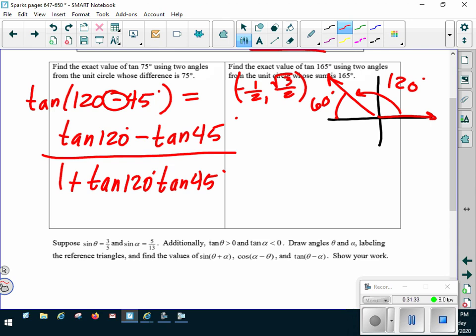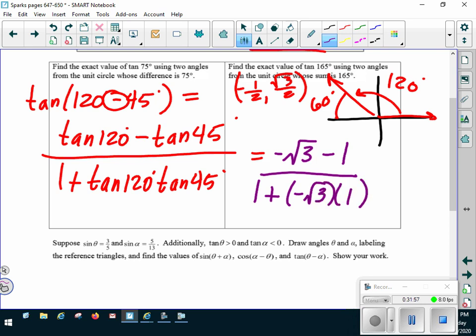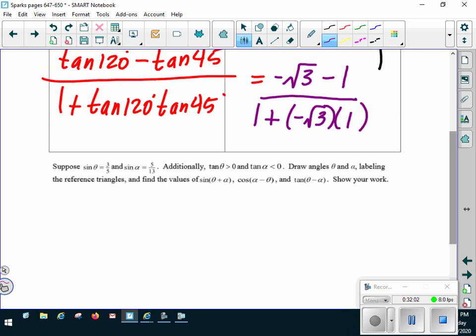Square root of 3 over negative 1, right? Because the 2's would divide out. So that tangent is negative square root of 3. So what we've got is negative square root of 3 minus 1 over 1 plus negative square root of 3 times 1. So that gives us negative square root of 3 minus 1 over 1 minus square root of 3.